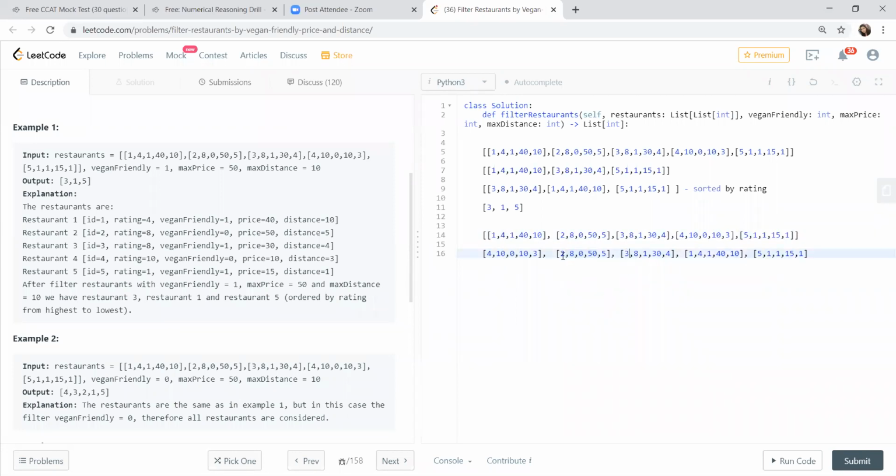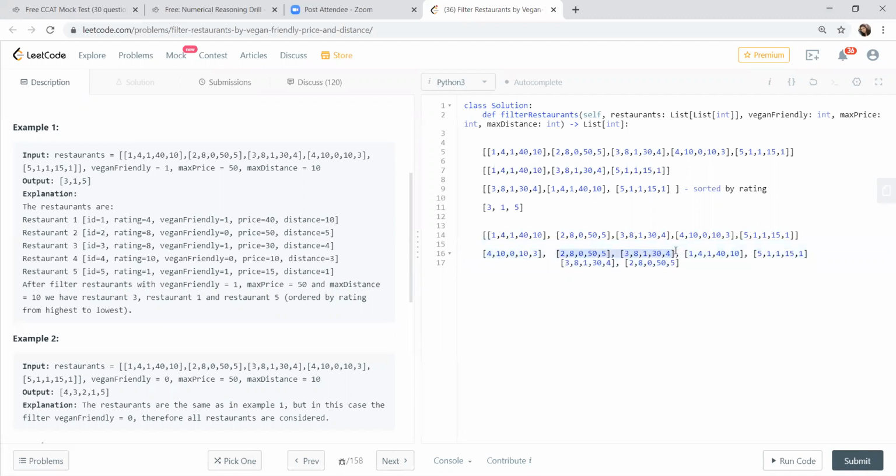So now we'll swap these. I'll just write it down over here. And after this, we'll just need to swap this. So instead of these, now we have this result.